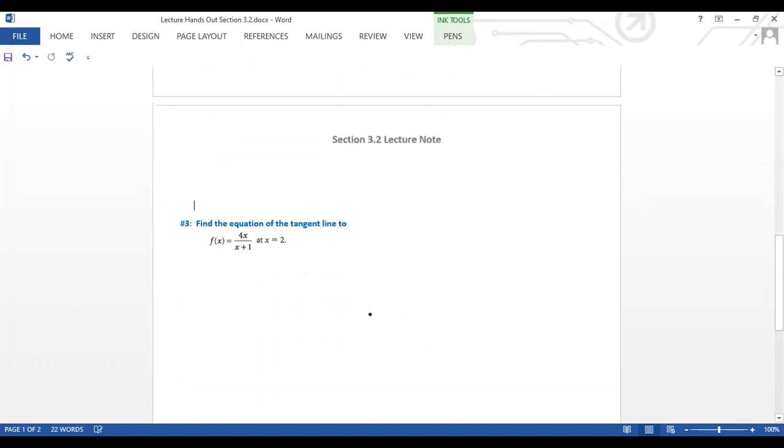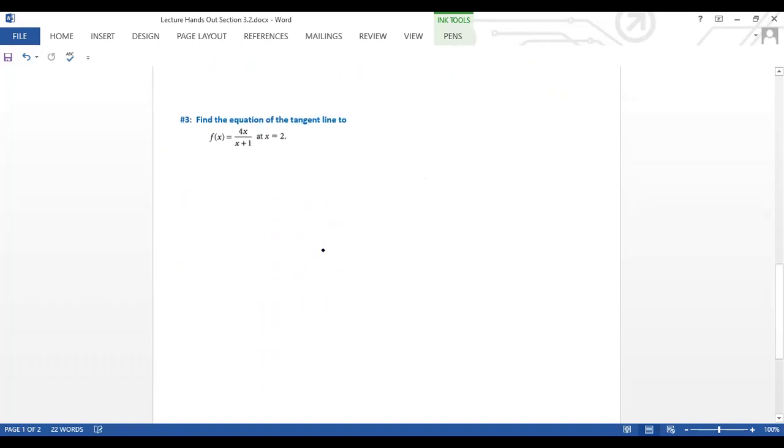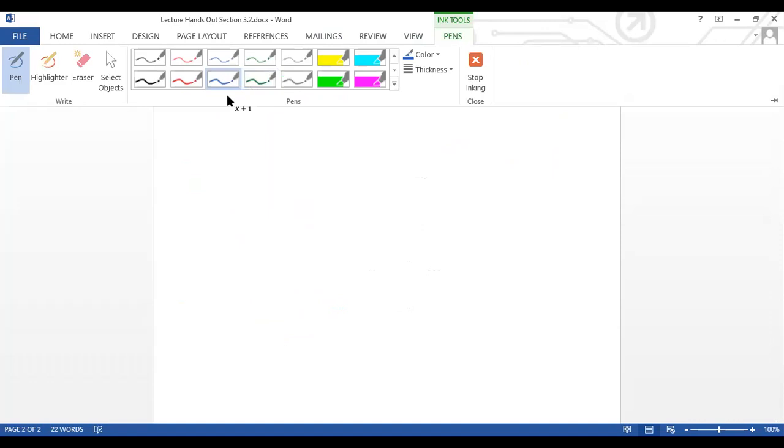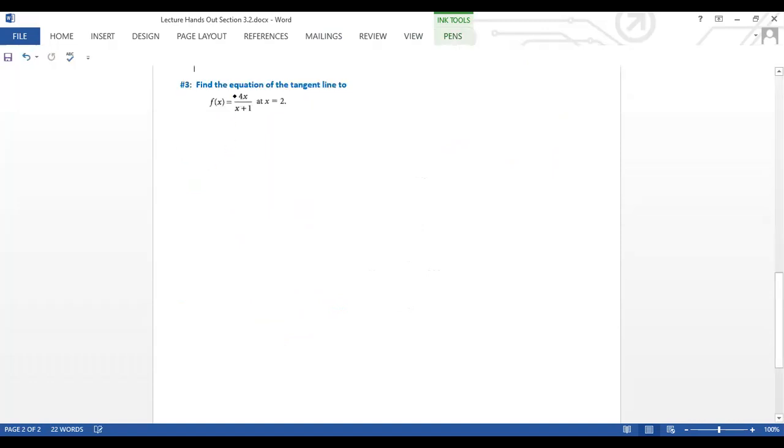Okay, the last problem here, let's say find the tangent line of f of x at x equal to 2. Every time we want to find the tangent line, I need to find the slope. So in order to find the slope, I need to find the derivative, right? So f prime of x here. So here this is (x + 1) squared on the bottom.